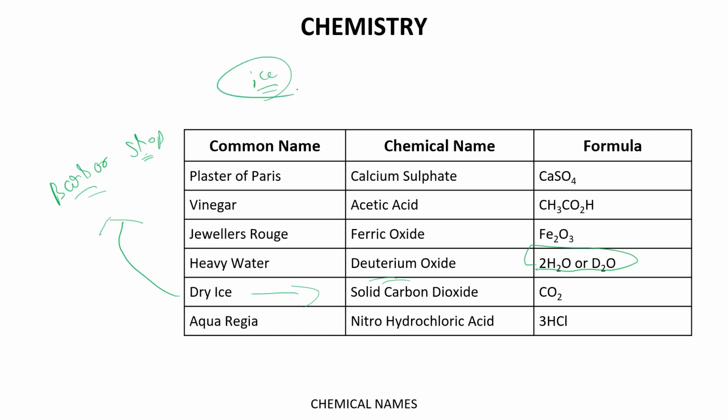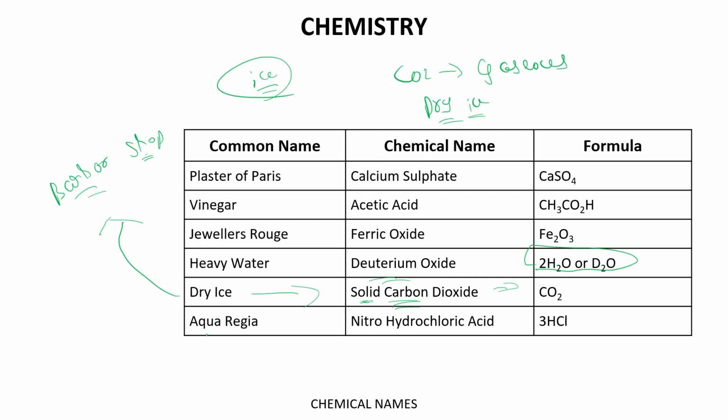This icy structure is known as the dry ice, with the chemical name solid carbon dioxide and the general formula of CO2. Basically CO2 is present in the gaseous form, it is a gas, but when it is converted into solid form, it is known as solid ice or dry ice.